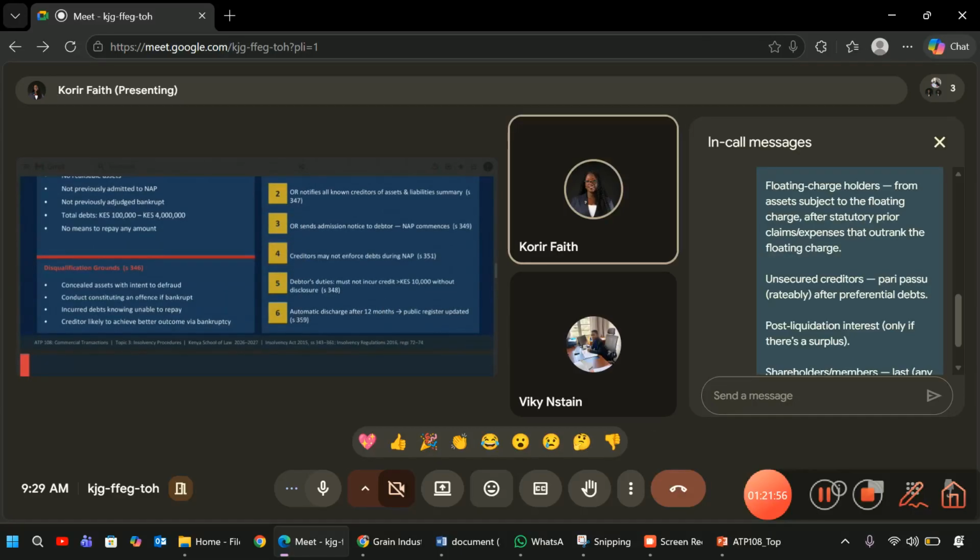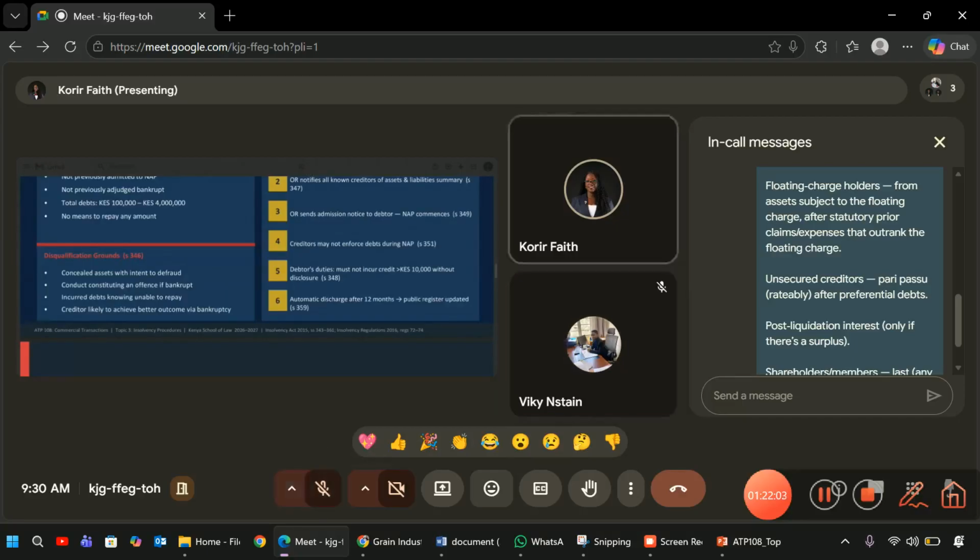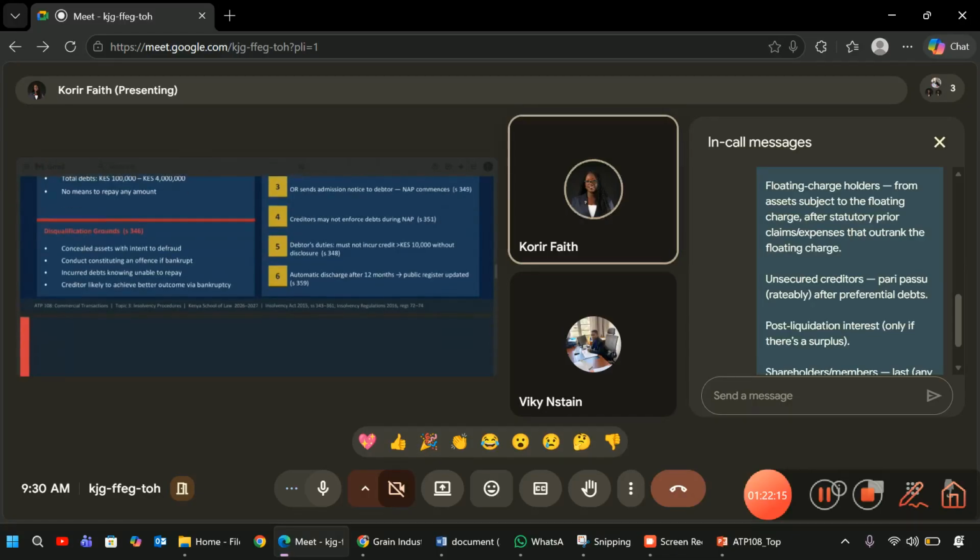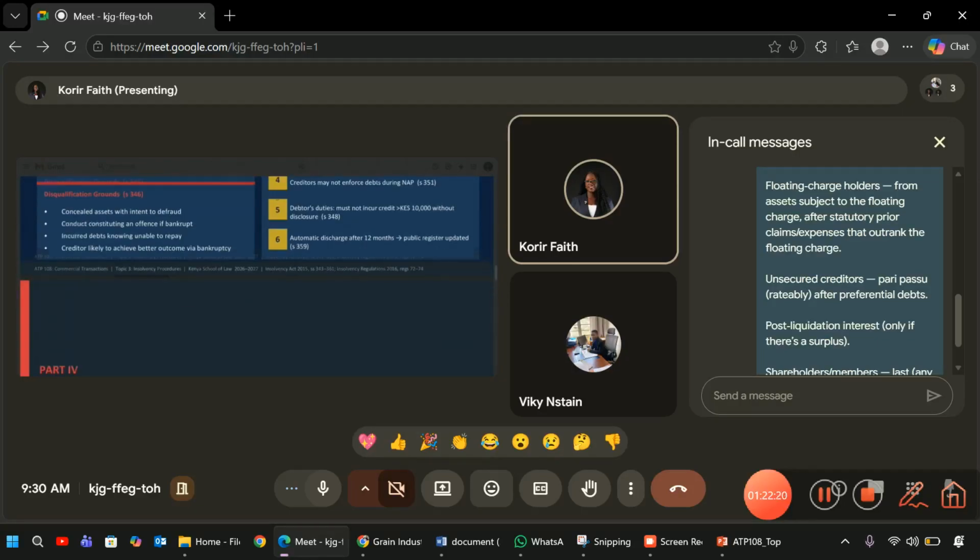The debtor's duty is that they must not incur credit. Usually, if you're already a debtor under this procedure, you cannot take up a loan of more than 10,000, particularly without disclosure, and then you will be automatically discharged after 12 months, where the public will then be updated.